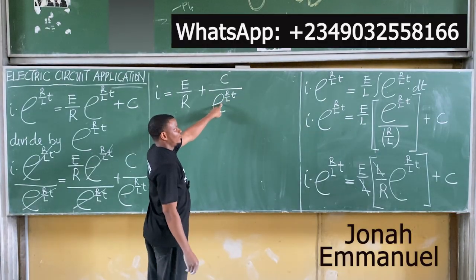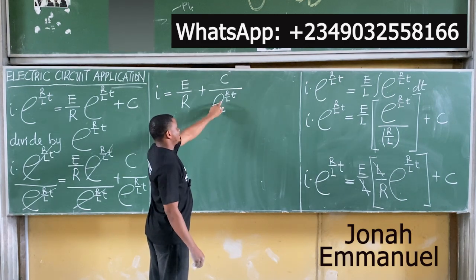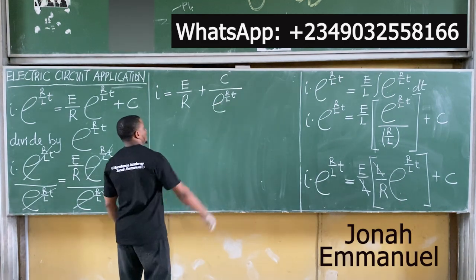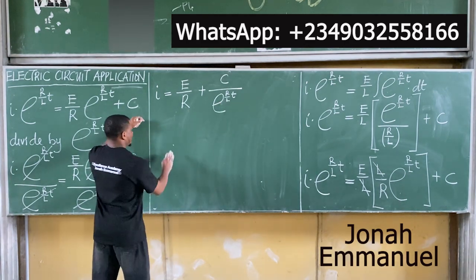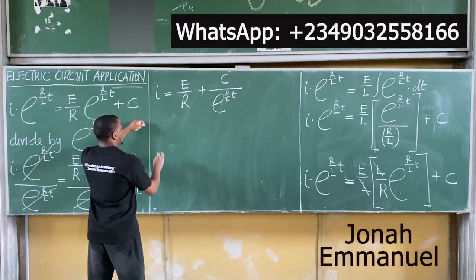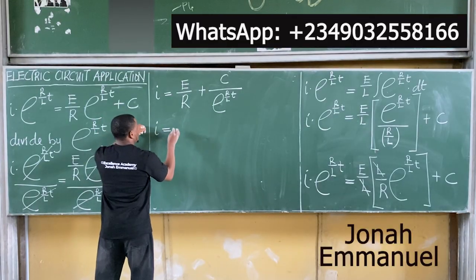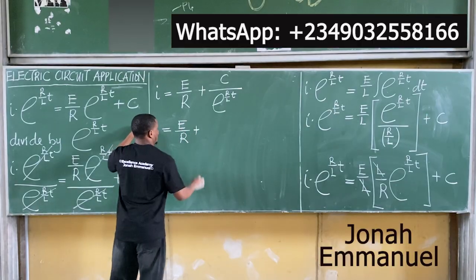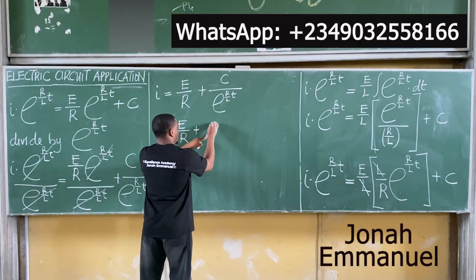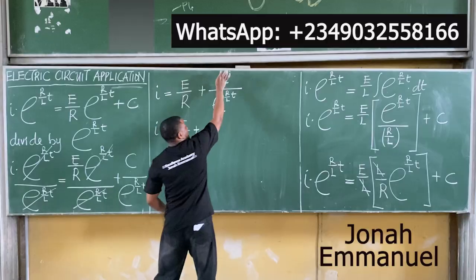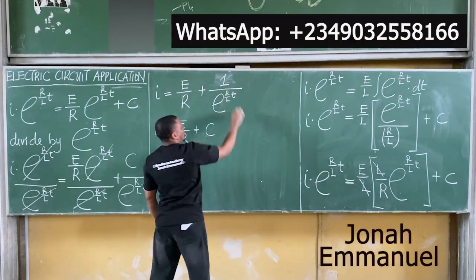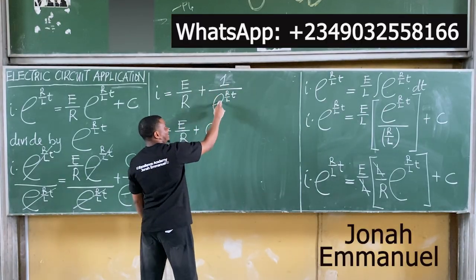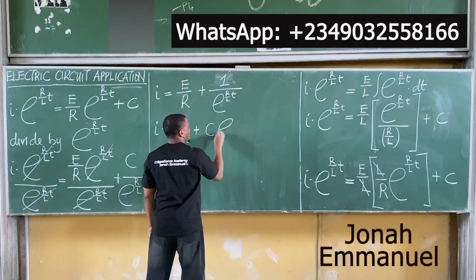Let me write this in index form. I'll have that I is equal to E all over R plus, this in index form becomes C. If I remove C here, what do you have there? 1 all over this in index form, what do you have there?